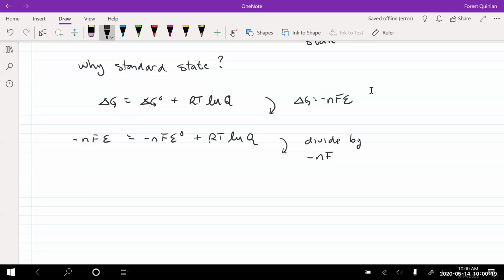What do we get? We get E equals E naught minus, now because of the negative, RT over NF ln Q.